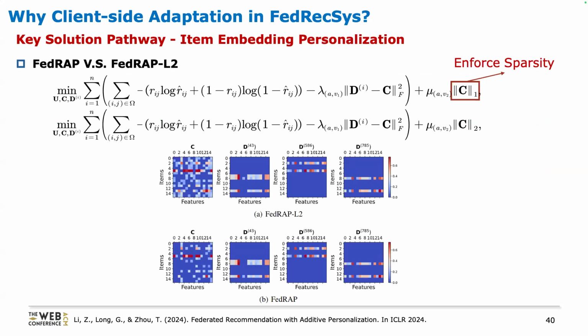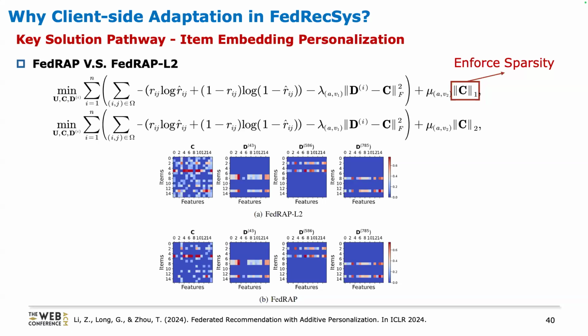So we directly compare FedRAP L2 with the full FedRAP approach here. Both models minimize the same reconstruction loss and penalize the difference between each client's local offset D_i and the global core C, but they differ in how they regularize the core embedding.